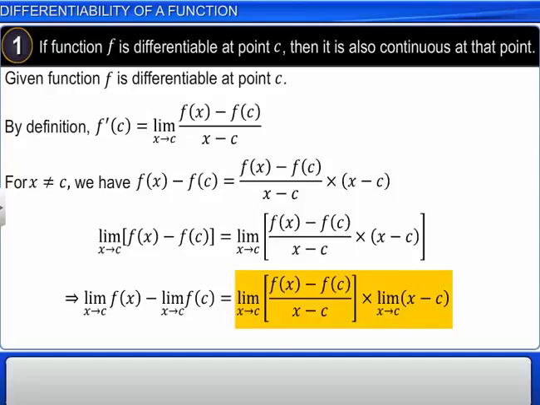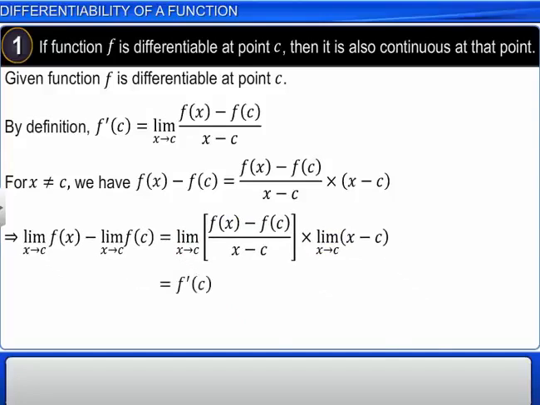The limit of f of x minus f of c divided by x minus c as x approaches c is f dash c, and the limit of x minus c as x approaches c is 0. Thus, the right-hand side becomes 0.